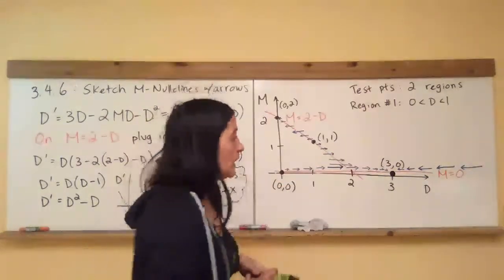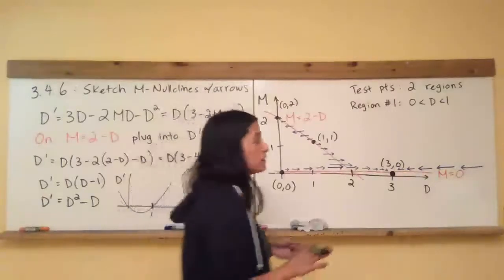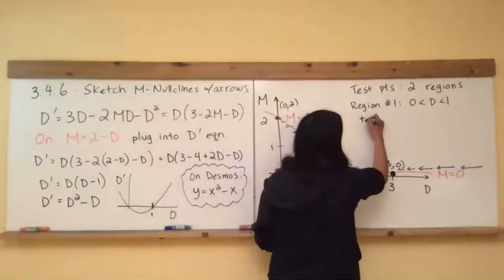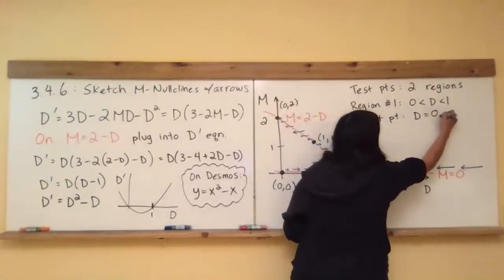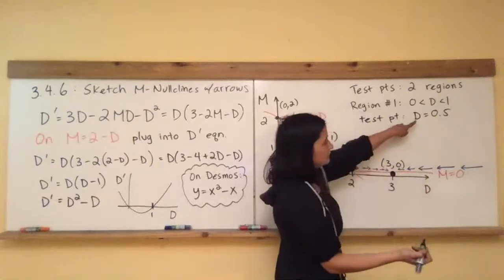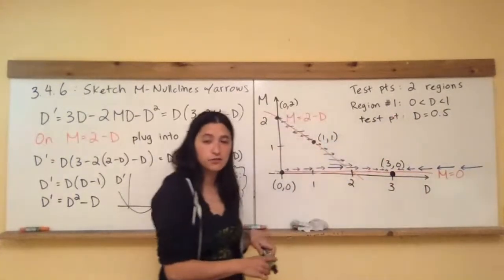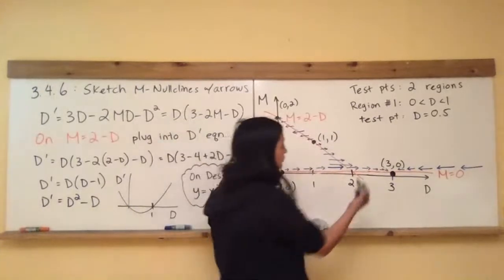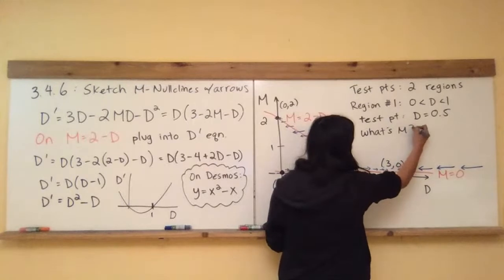You have 1.5 for D. I think 0.5 is a very good choice to pick for D. So maybe we can do a test point at D is equal to 0.5. You see how D is equal to 0.5 satisfies the interval that I'm working on for this region? So the question is, what's M? What's M equal to?